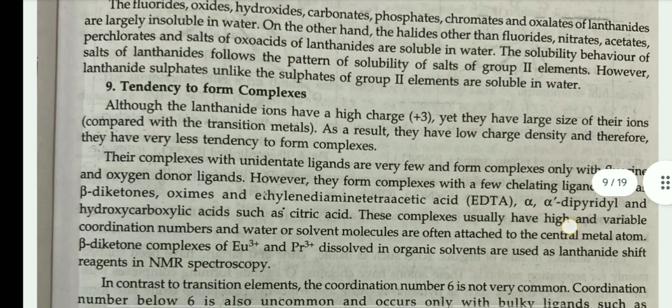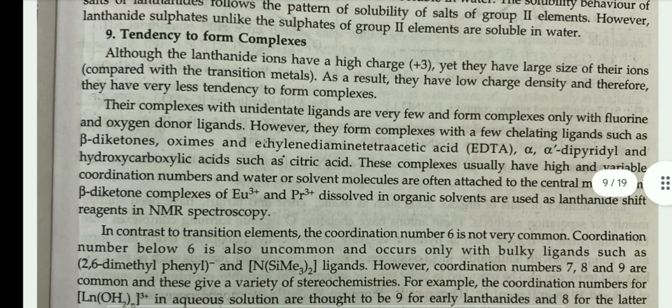However, they form complexes with a few chelating ligands such as beta diketones, oximes, ethylenediamine, tartaric acid, alpha alpha dipyridyl, and hydroxycarboxylic acids such as citric acid.